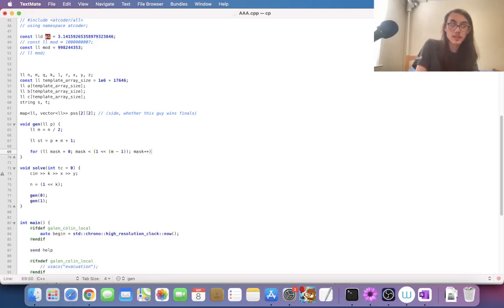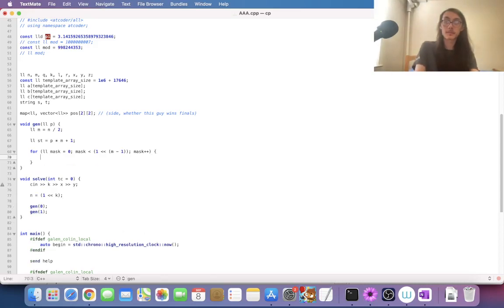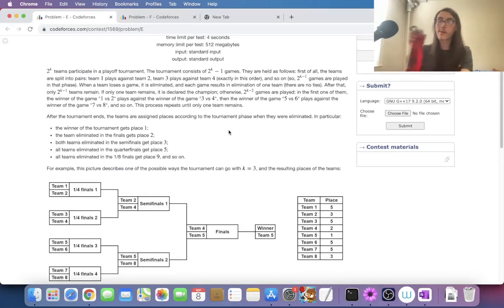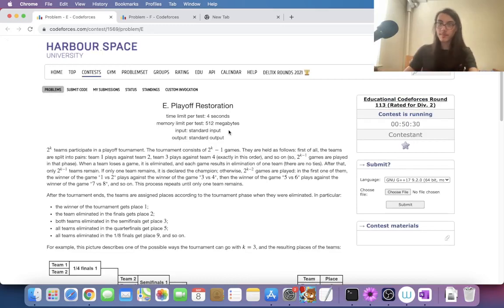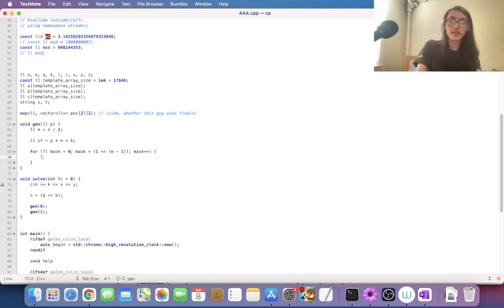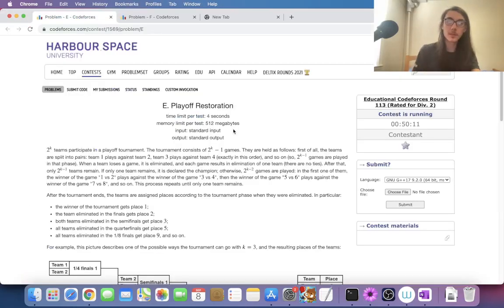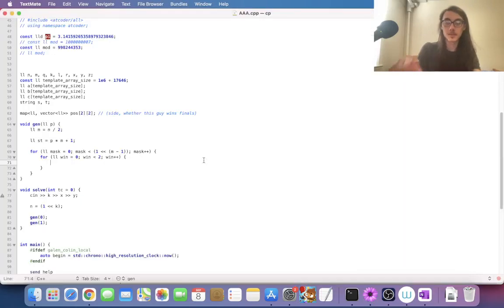We're doing over the mask. That should work. Right, then what we're going to do is compute a running hash. And we're going to iterate over whether the last person wins finals or not, or the winner of this bracket. So let's go now for.